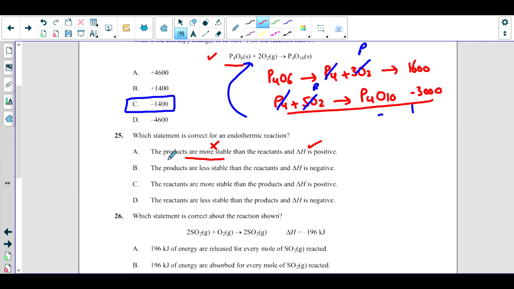Reactants are more stable. Next, the products are less stable than the reactants and delta H is negative. Here the first part is true, but the second is false. The reactants are more stable than the products, this is true, and delta H is positive, this is also true. So this is the correct answer. The last one, the reactants are less stable and delta H is negative, is also wrong. So the correct answer is C.